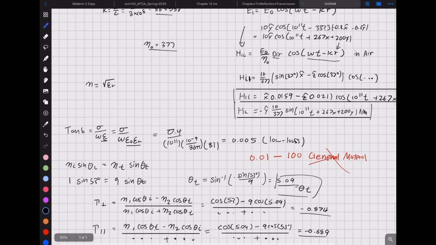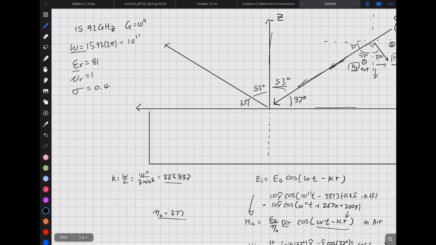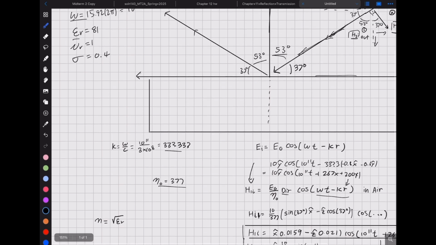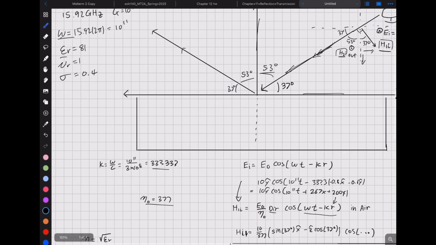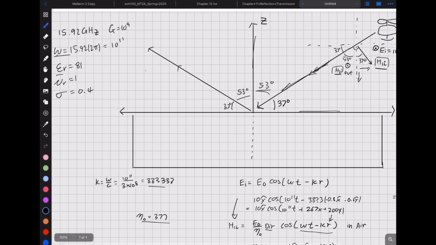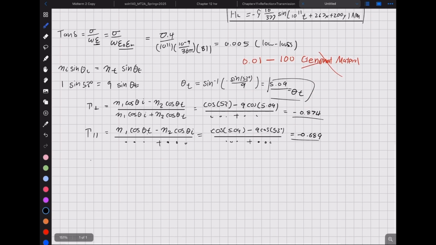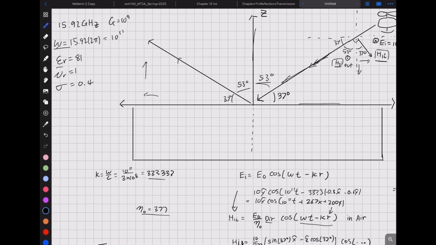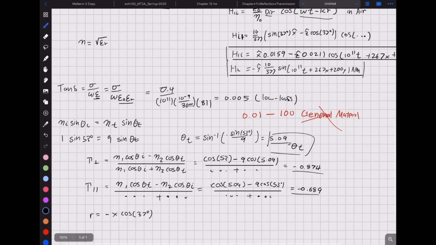So let's find the R of this one. We found the R earlier on this, we need to find the R in this now. So the R is still going to be in the negative x direction, but it's reflected up. So we should be seeing a positive z, negative x. So let's figure that out. We have negative x cosine of 37 degrees. We're going to be using this angle here.